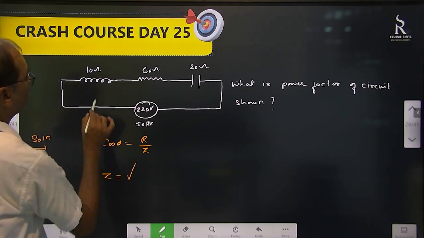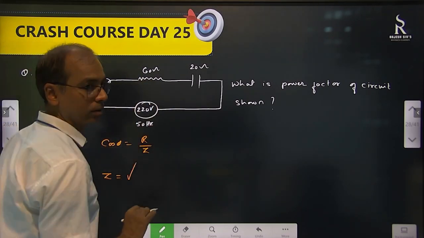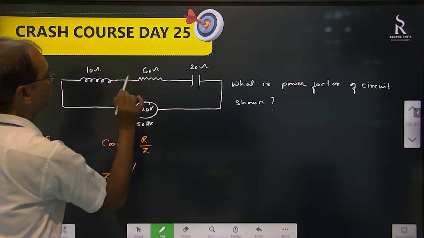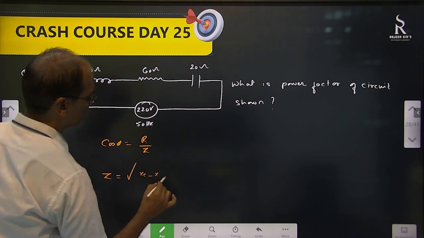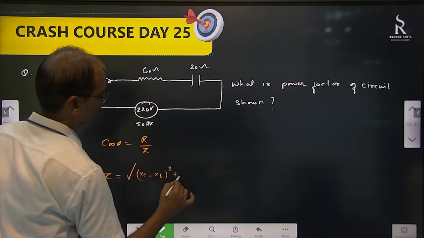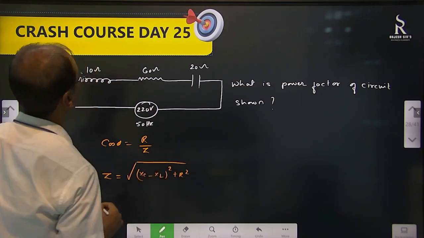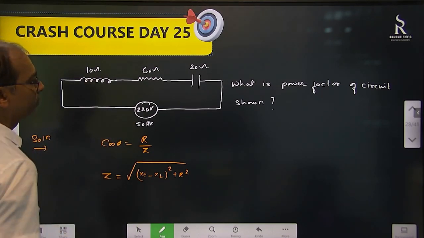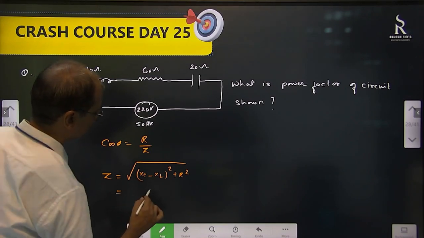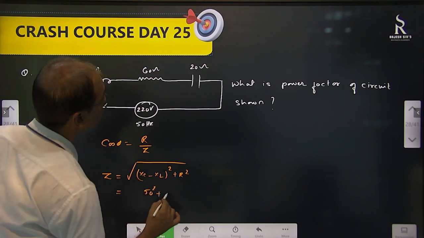Now these are resistances given directly. This is the value of XL. This is the value of XC. So Z is square root of XC minus XL whole square plus R square. So 60 minus 10, that is 50. And R is 20.